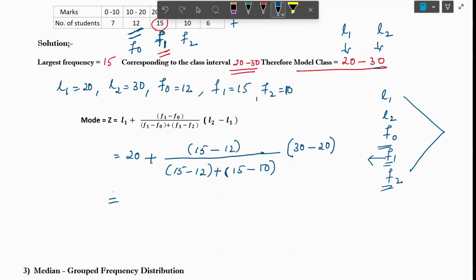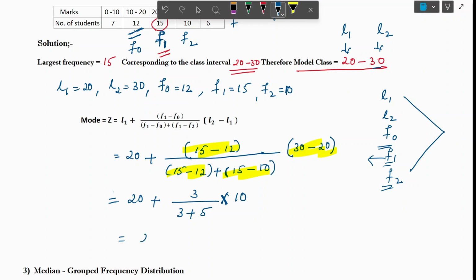Now go step by step. First calculate the brackets. That is 20 plus 15 minus 12, that is 3, divided by 15 minus 12, again 3, plus 15 minus 10, that is 5. Here the last bracket, 30 minus 20, that is 10.